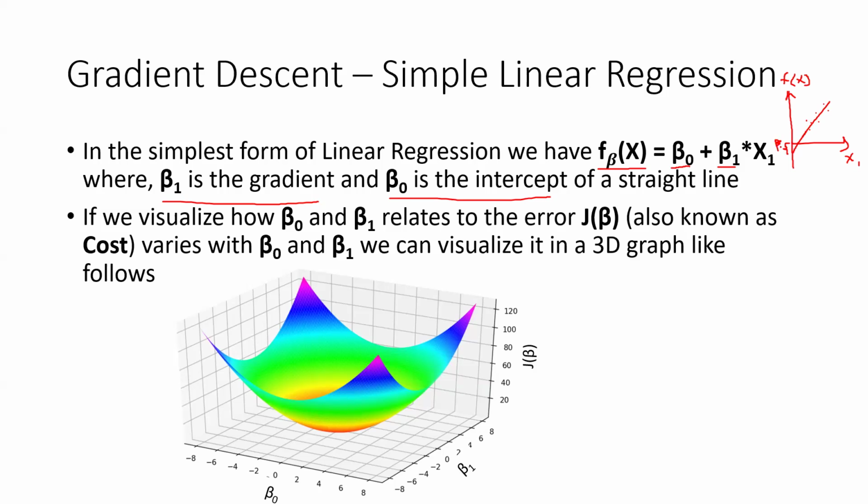Sorry, beta 0 is the intercept, and this gradient is given by beta 1, right? So what we want to find in simple linear regression are these beta 0 and beta 1 values, while minimizing the errors of this line from the data points, right?